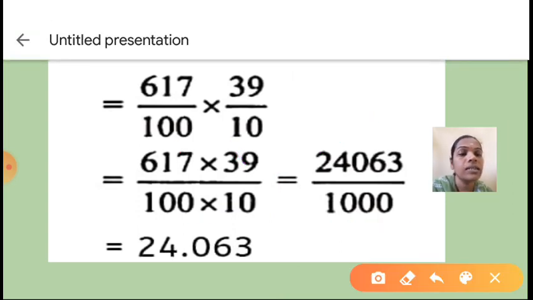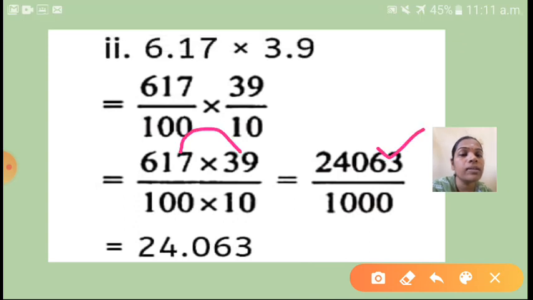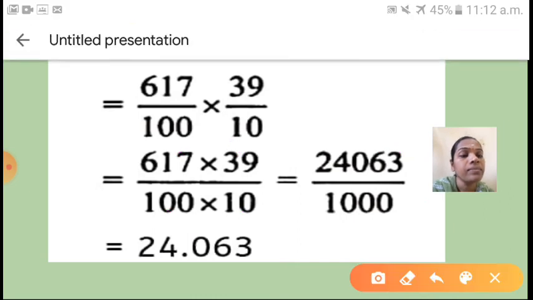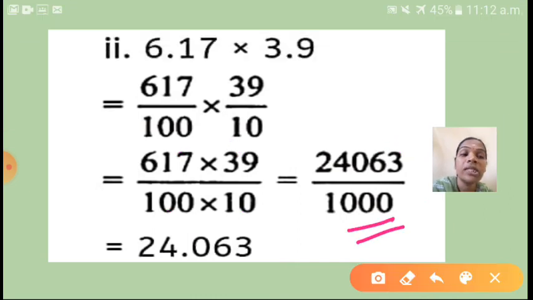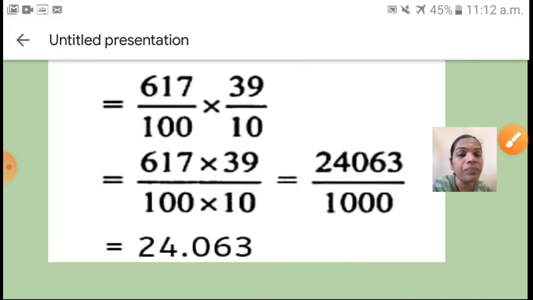Multiply 100 and 10, that is 1000. So for your final answer you have to put a decimal point. Here in the denominator how many zeros? 3 zeros. So 1, 2, 3, that means 24.063. Okay children, shall we go to next now?